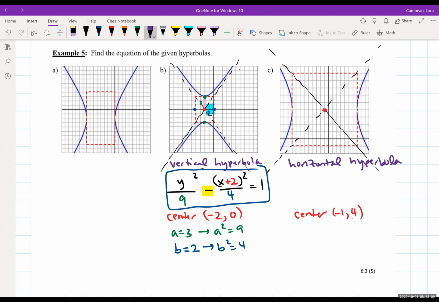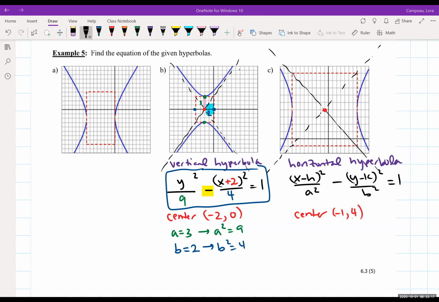And it's important to recognize this because that determines what your equation looks like. So remember with the horizontal hyperbola, the x squared term comes first. There's a minus sign. Then the y squared term, still equal to 1.